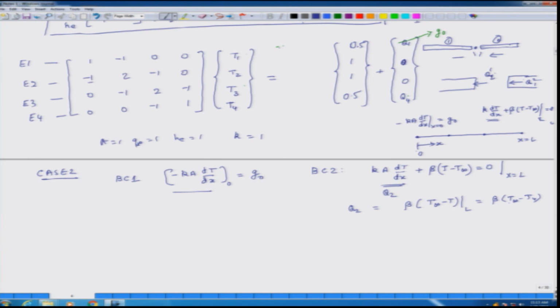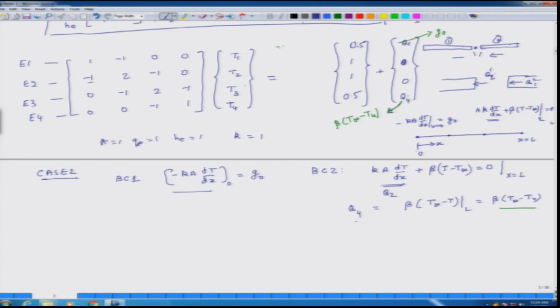So, I replace this Q4 by this term beta times T infinity minus T4. Agreed? This should be Q4. And I missed this A term here, so this A also should be there. So, what I have seen is that I have replaced Q1 by G naught, and I have replaced Q4 by beta times T infinity minus T4.